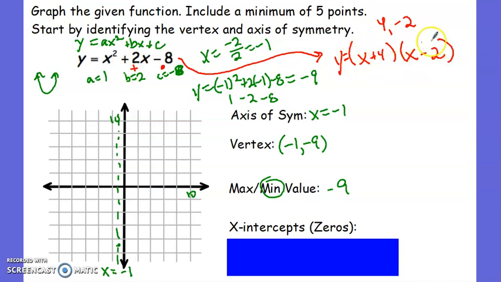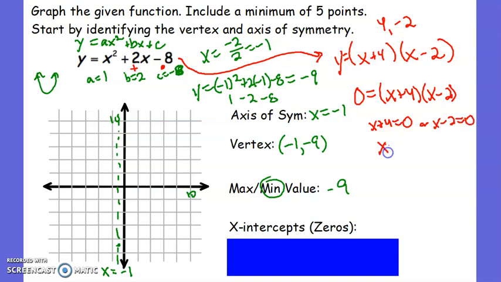And if we take advantage of the fact that in factored form, if we have an equation set equal to 0, then x plus 4 and x minus 2 will give us a way to solve our equation as well. A product, x plus 4 times x minus 2, of two things equal to 0 means that either x plus 4 equals 0 or x minus 2 equals 0 will give us solutions.